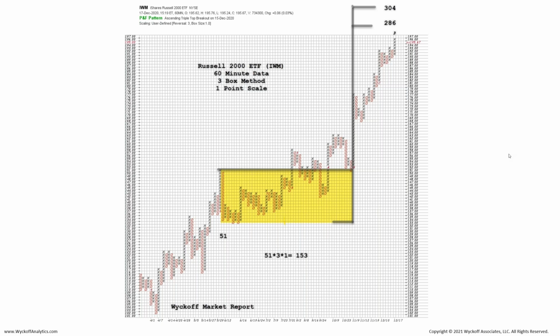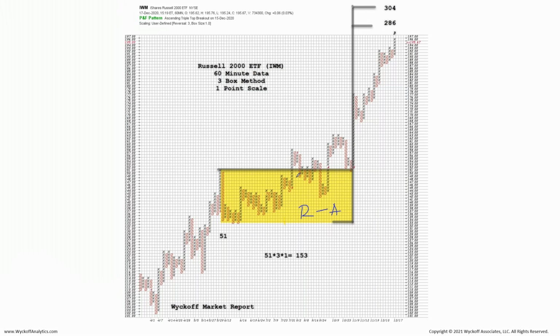And we've shown this chart in the previous sessions. So are we seeing higher targets? Yeah, so here's a point and figure. Now, this is an example of an intraday point and figure. And so 60-minute data, 3-box reversal method, and 1-point scaling. And you can see there's a reaccumulation structure where there's a pause after an uptrend.